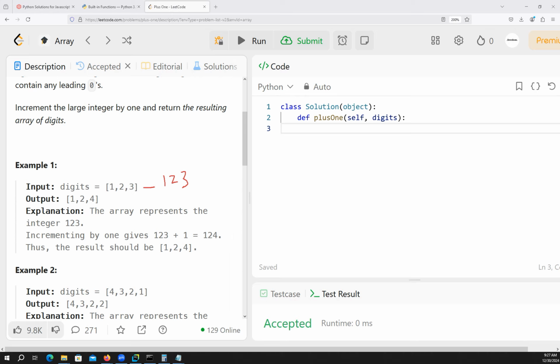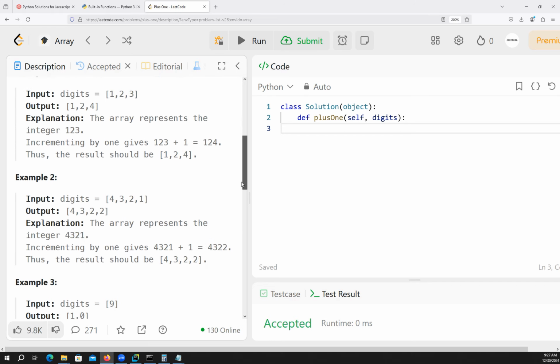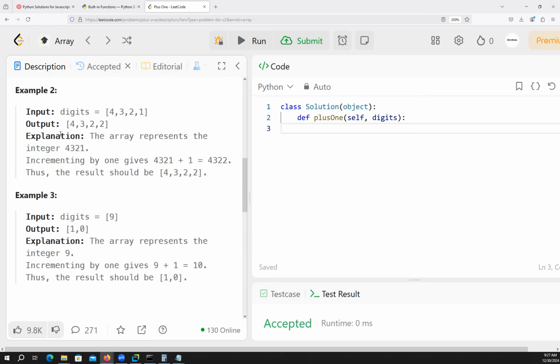Look at the other couple of examples down below. Look at example 2 and example 3. Example 2, digits 4, 3, 2, 1 becomes 4, 3, 2, 2, incremented. And here's a good example as well. 9 by itself becomes 1, 0.